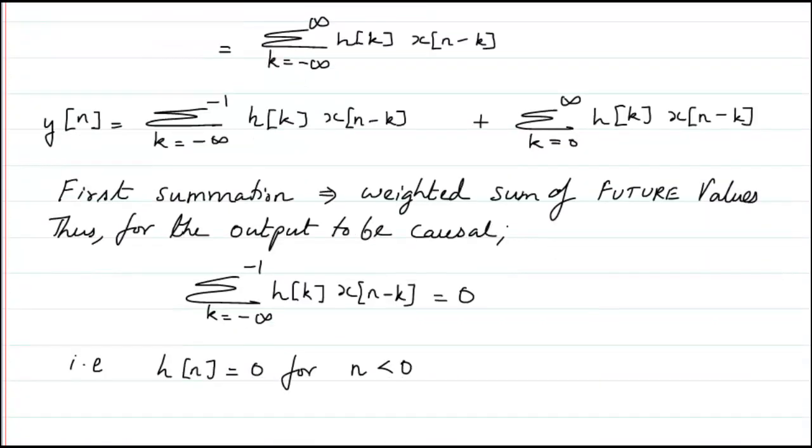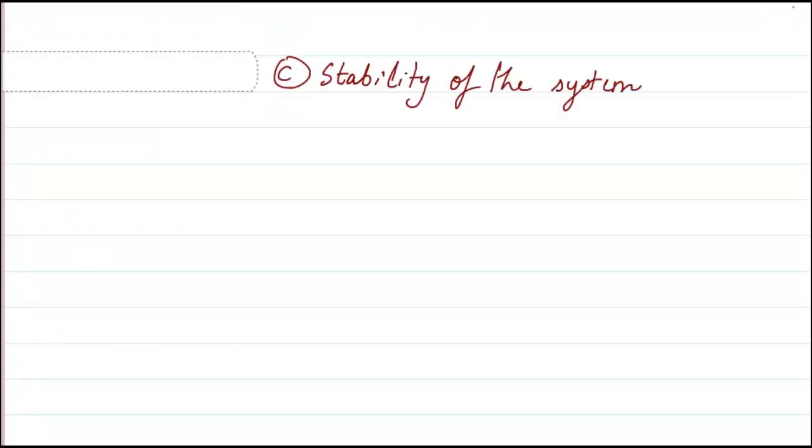Next, we will look into the stability of the system. So as per the definition, a discrete time LTI system will be BIBO stable. We have all seen what BIBO is. BIBO is basically bounded input, bounded output.